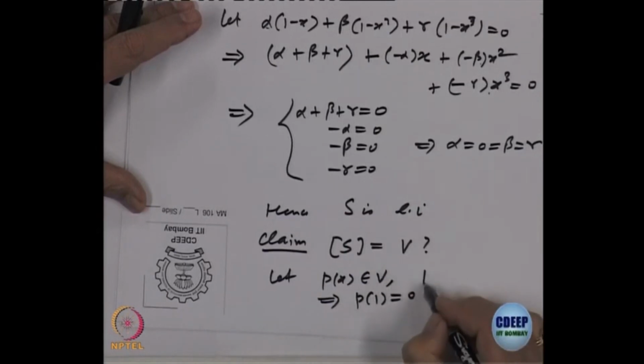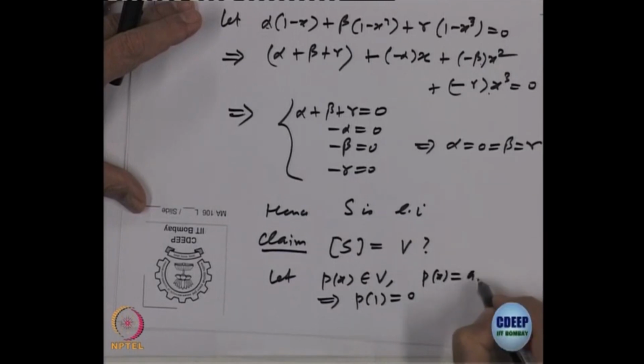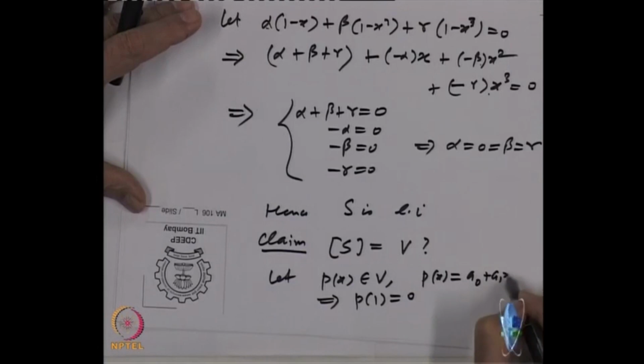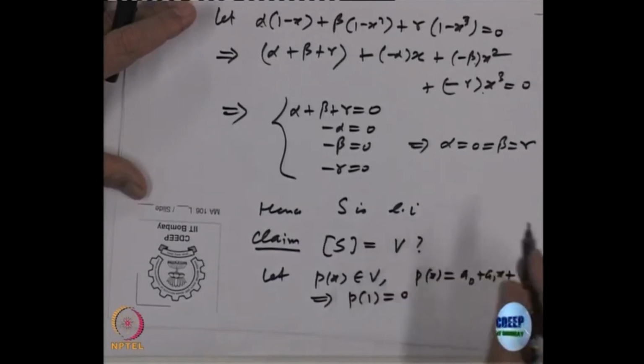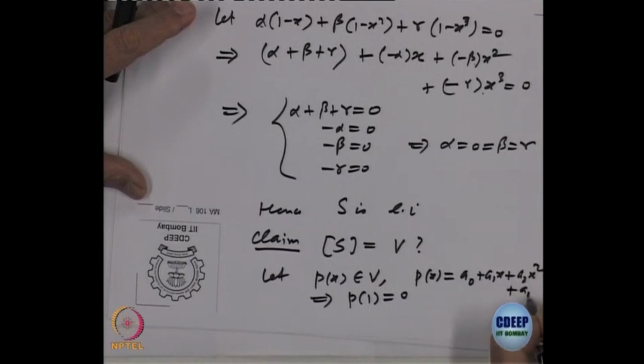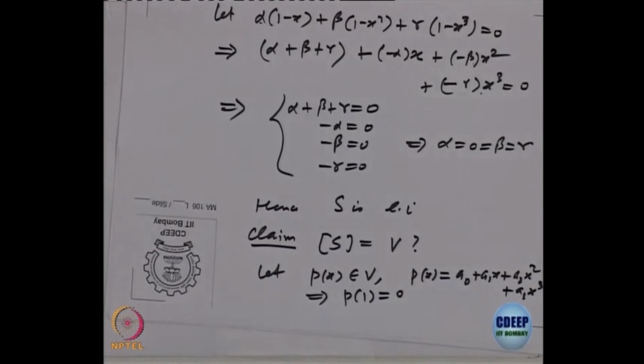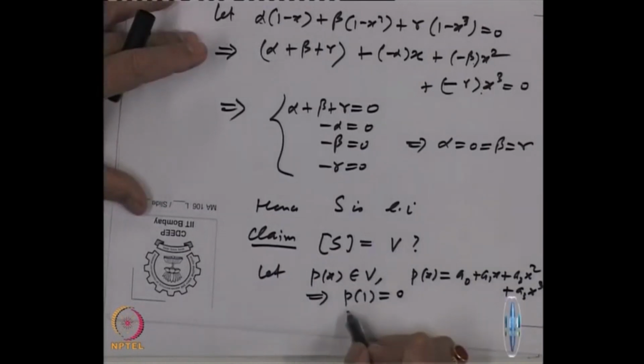Let us write P(x) as a polynomial. It will be of the form a0 plus a1 x plus a2 x square plus a3 x cube, since V is of cubic. P is some polynomial with some coefficients a0, a1, a2, a3; we do not know what they are, we have to find them and express this with this property.